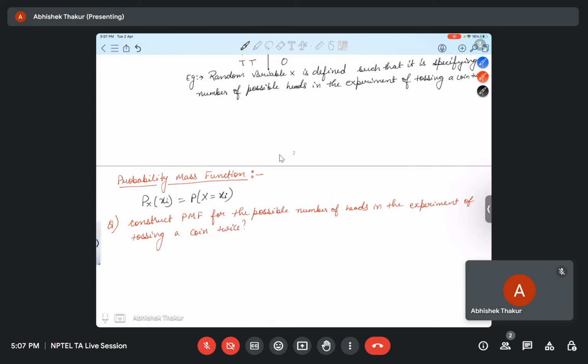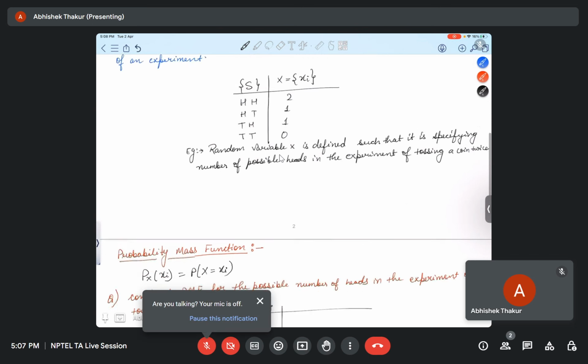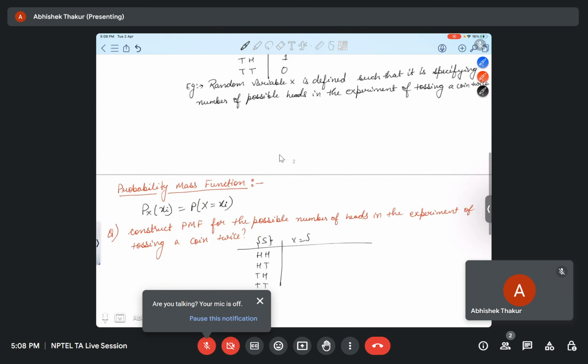So the sample space is head head, head tail, it can occur tail head or tail tail. So X, the number, can be assigned as 2, 1, 1, 0.